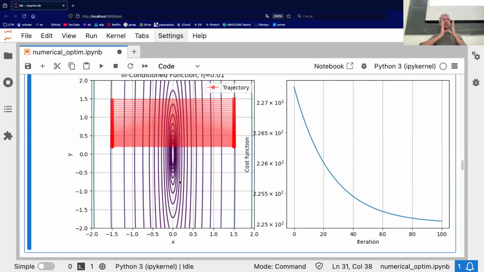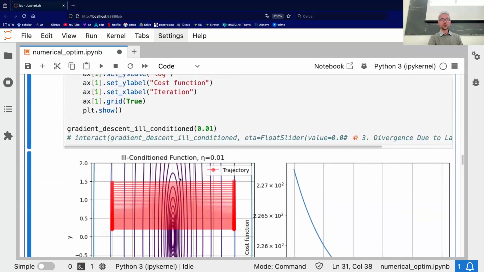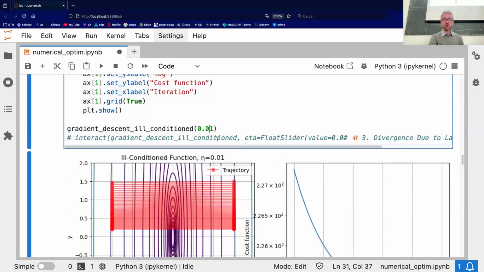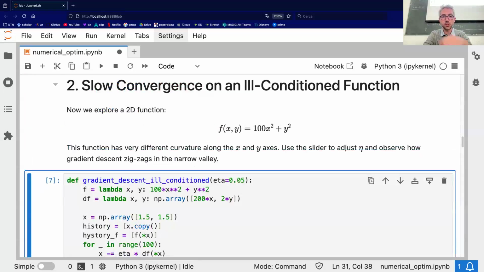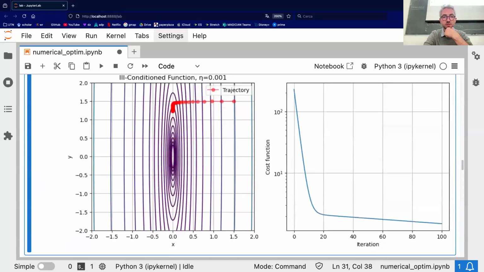They are very narrow ellipsoids because the curvature in one direction is very different from the curvature in the other direction, which makes this valley very narrow. And gradient descent is really struggling because it's jumping from one side to the other of this valley here.